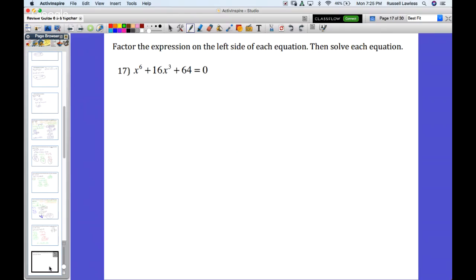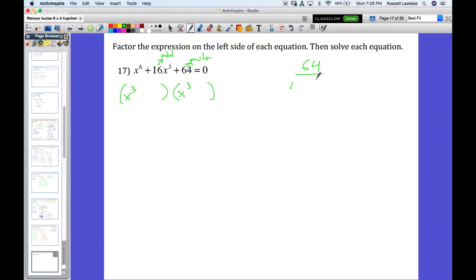This one's a little tricky, but we have x to the 6th rather than x to the 4th. And so to solve this, rather than breaking it up as x squared, what do you think we would break it up as? X cubed. When we break it up as x cubed, we're looking at something that multiplies to 64 and adds to 16.